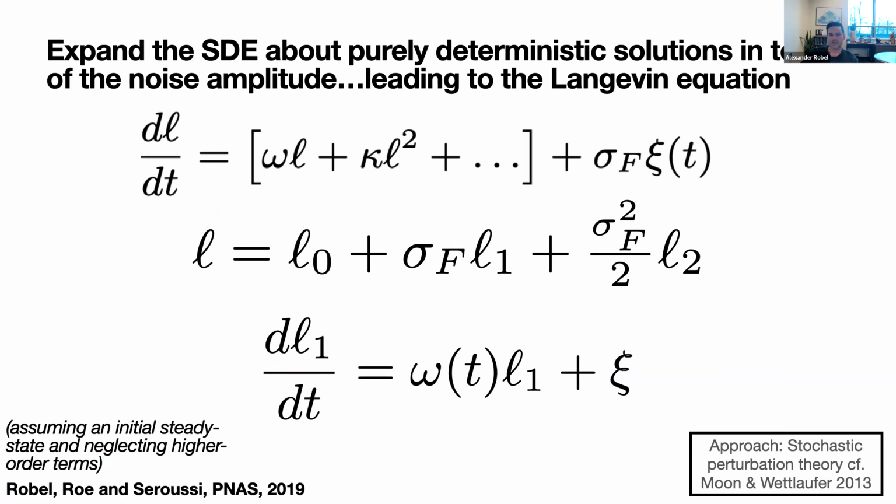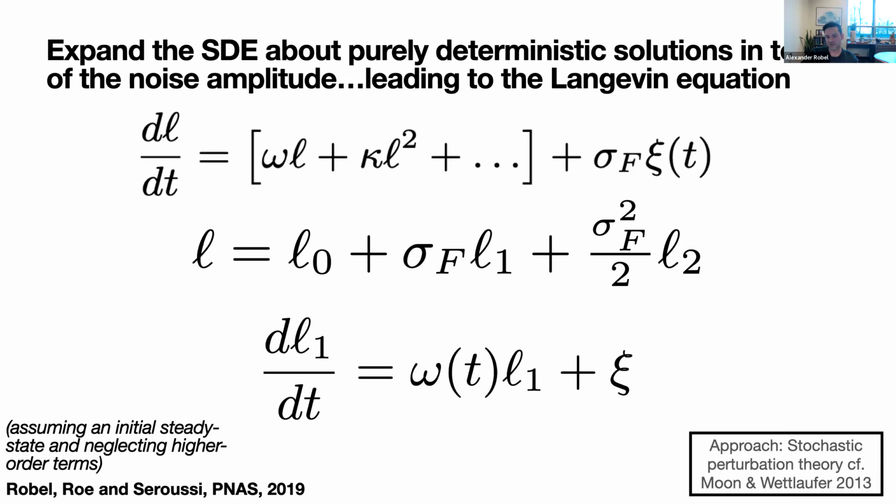And the idea here is that we can take a generic nonlinear stochastic differential equation and we can linearize the deterministic part of the model, right? So even if it's some very nonlinear system, we can locally linearize it, and then we can expand that linearization in terms of the amplitude of the noise in the system. So that's what this first line does, and then we rewrite the solution in terms of zeroth, first and second order terms.